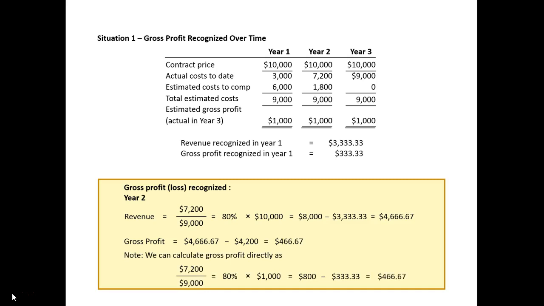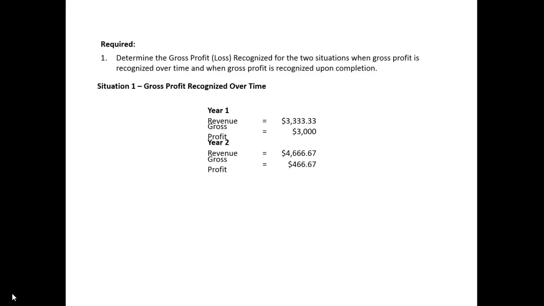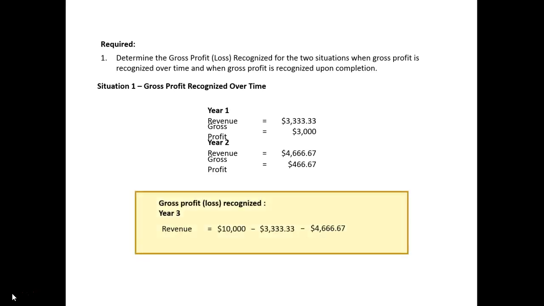Next, this is when gross profit's recognized over time. So in year 3, we would recognize $10 million minus 3,333 for year 1, 4,666 revenue recognized in year 2, which means the difference gets recognized in year 3.